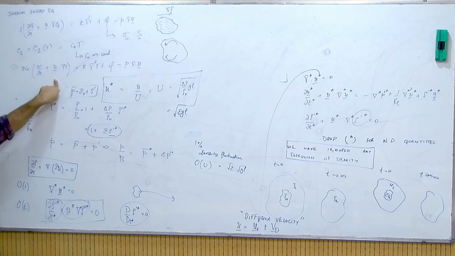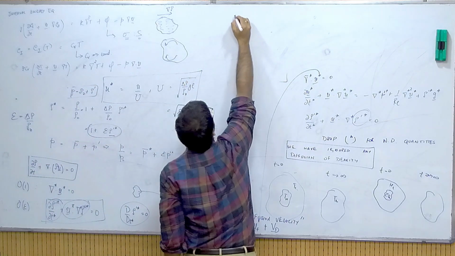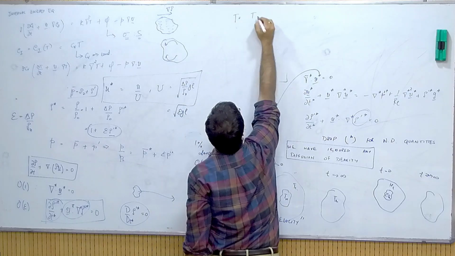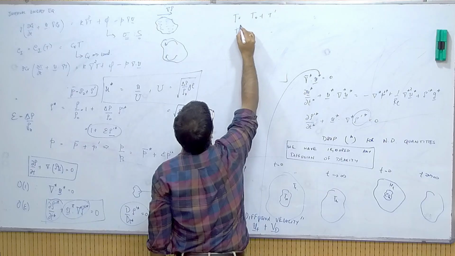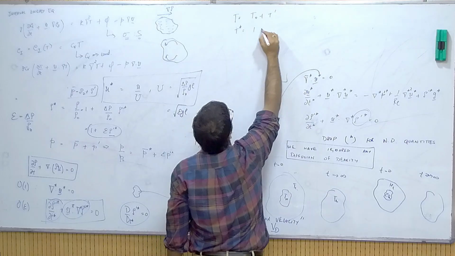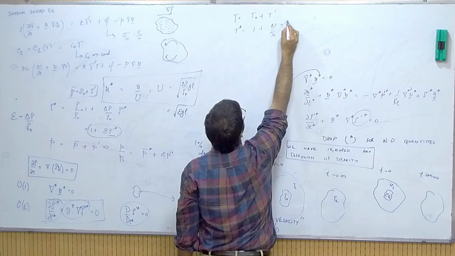So you can do the same analysis here. You can say that there is a T that you define, T naught plus T prime, and so you can formulate a T star as 1 plus delta T over T naught times T prime star.